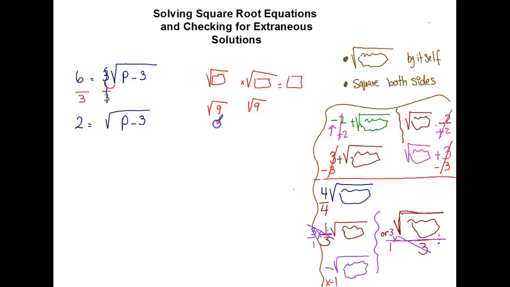Square root of 9 is 3, times the square root of 9 is 3. Therefore, the square root of 9 times the square root of 9 is the same as 3 times 3, which is 9. Notice the pattern. Square root of 25 times the square root of 25 equals 5 times 5, which equals 25. See the pattern.